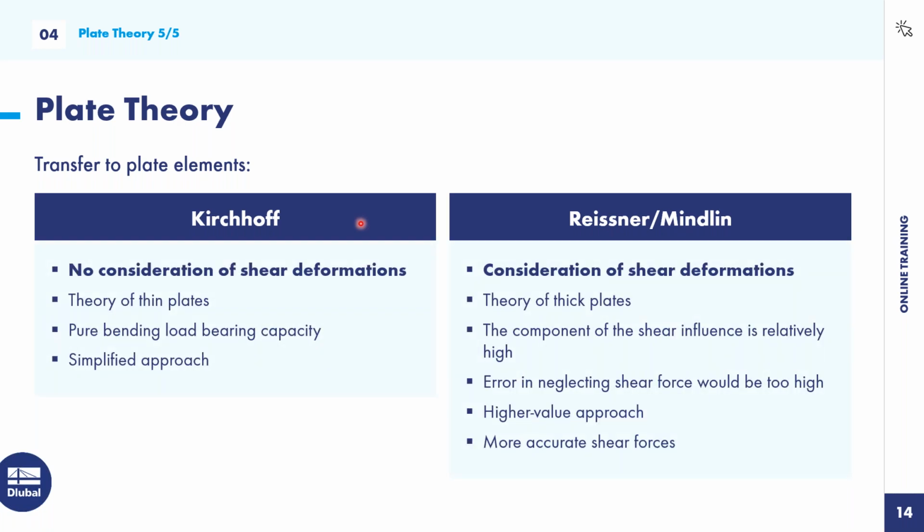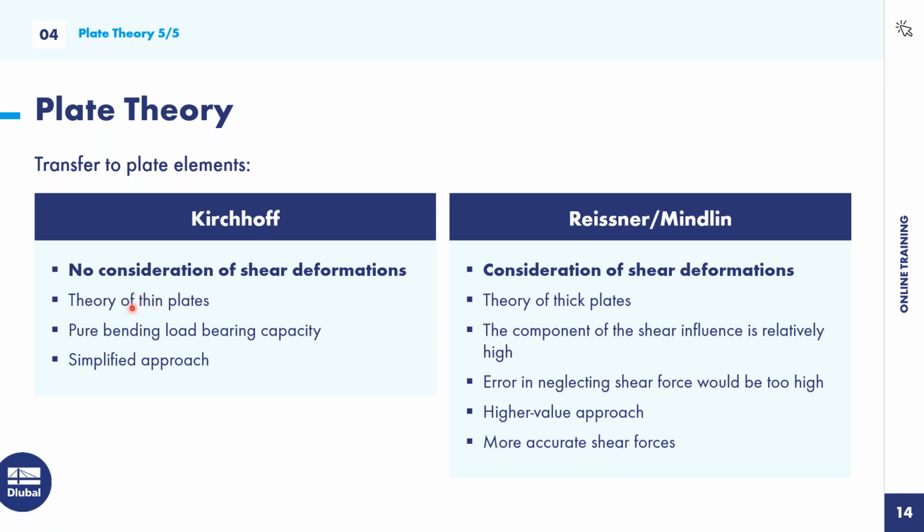In the calculation, according to Mindlin, shear force deformations are included, and according to Kirchhoff, they are not taken into account. So we consider no shear deformation. Therefore, it is only good for thin plates.